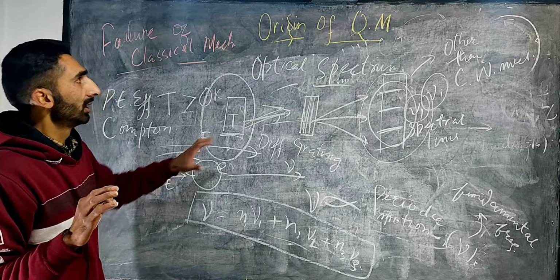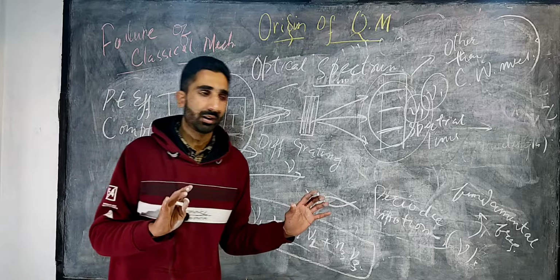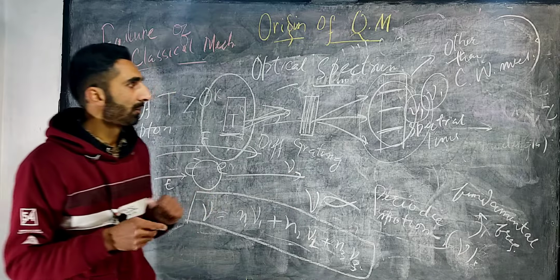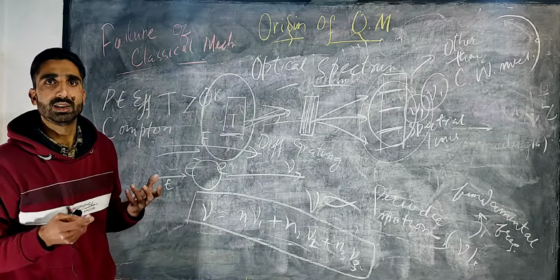So in the upcoming lectures we will see the different theories which were given to explain all of these things, and how they explain the quantum behavior of energy and matter interactions.